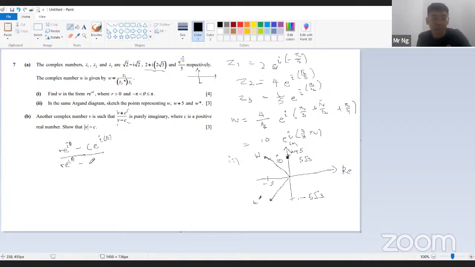That minus C e to the i theta, purely imaginary. Is it like this or is there something else? Because purely imaginary, so that means imaginary.